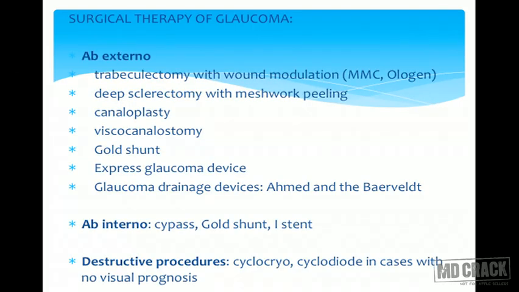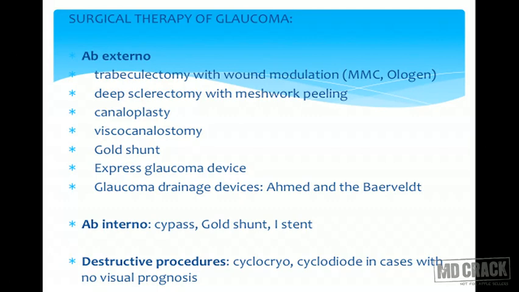Surgical therapy for glaucoma consists of many advanced techniques. The most common technique used nowadays is trabeculectomy. However, new techniques like deep sclerectomy, canaloplasty, viscocanalostomy, gold shunts, express valves, and glaucoma drainage devices have been used to treat this disease.